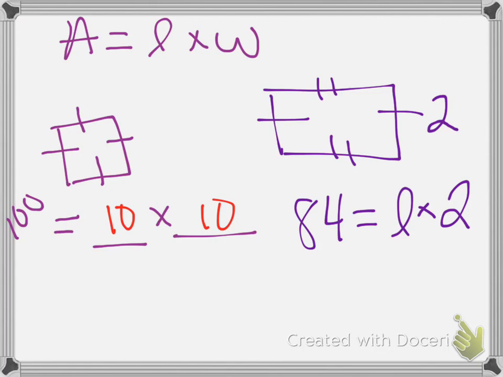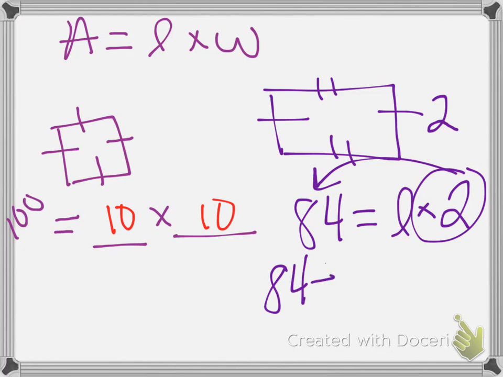Sorry, I think I said that wrong. We don't know the length, and we plug in the 2 for the width. Then in order to get this 2 by the 84, we do the opposite operation to switch it over, and 84 divided by 2 would give you the length.